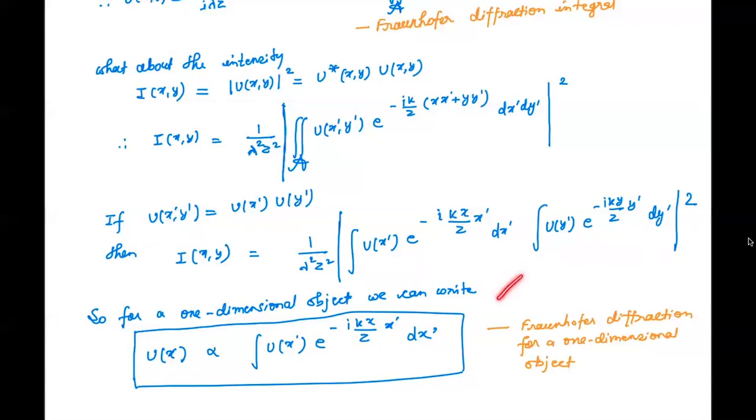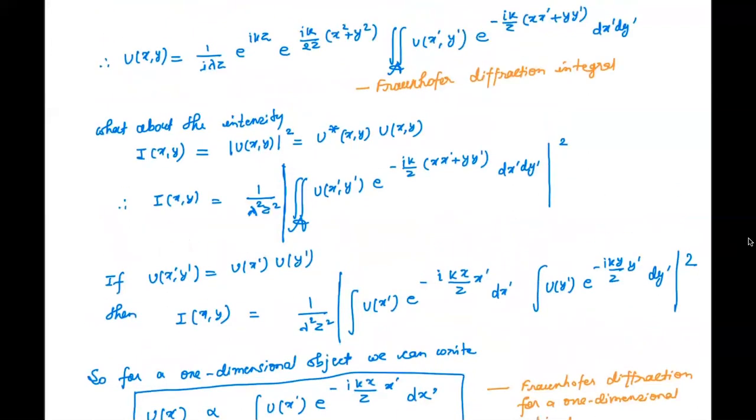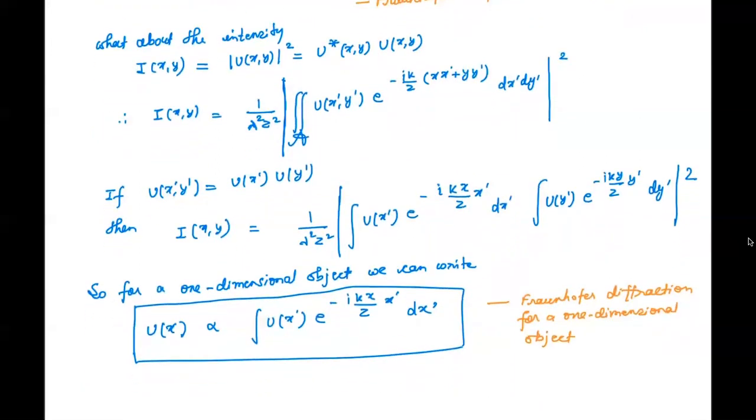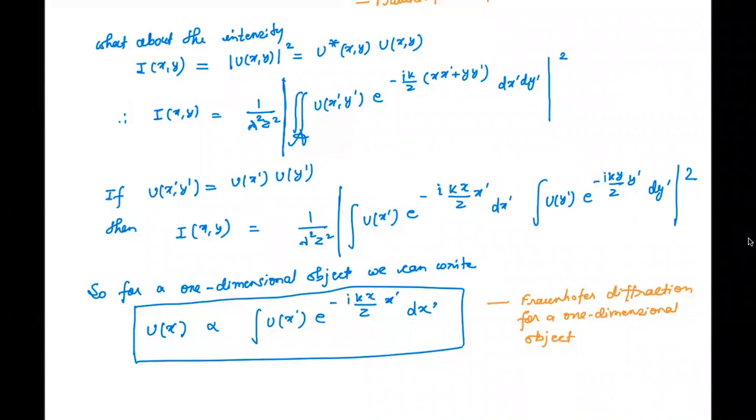For that one-dimensional object, let's say the dimension is x. Then the amplitude u can be written as proportional to the integral of u(x prime) e to the i k_x z x prime dx prime. I'm using proportionality because I don't want to continue with the constants. This is called the Fourier transform, but if you haven't done it properly, no need to get scared.